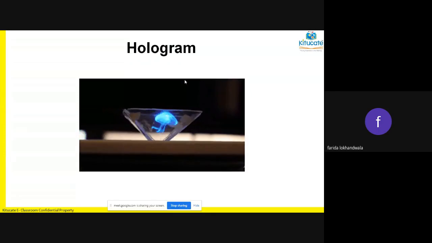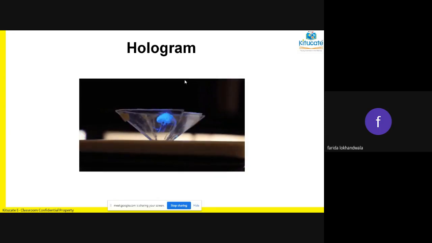So we created a virtual image. We did not create a real image. Wherever you can see something on the screen or on the walls, that will be a real image. Wherever you can see something on reflecting surfaces, it will be considered a virtual image.